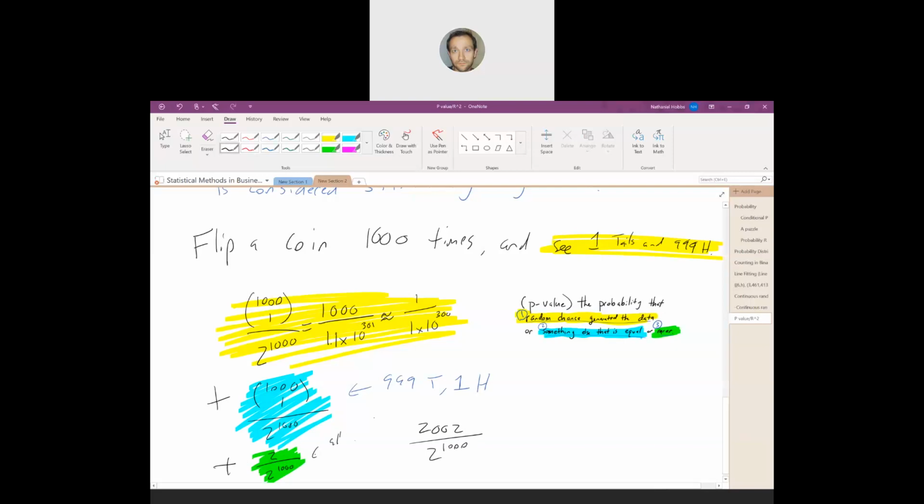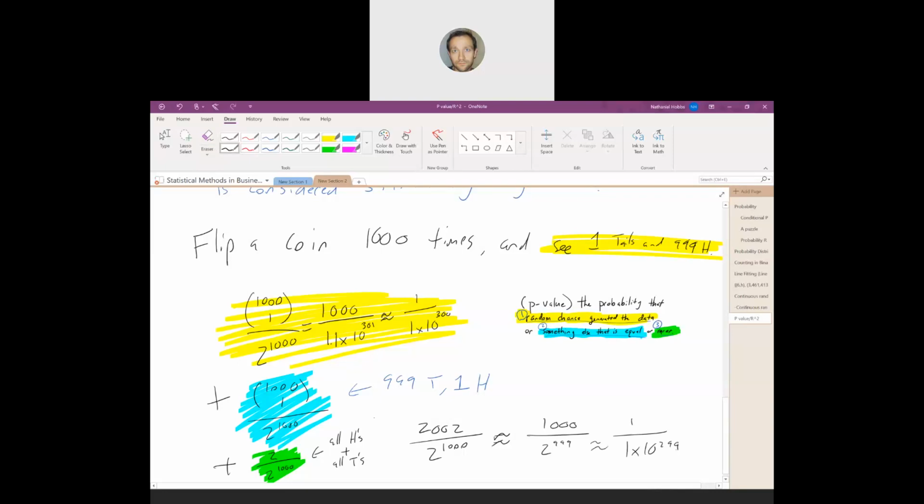This is all heads plus all tails. So things don't change that much. This is still, I'll just call it 2,000 over about 1,000 over 2 to the 999, something like 10 to the 299.